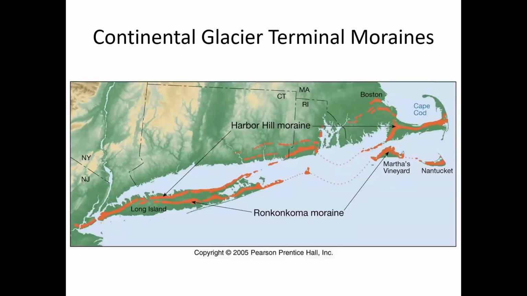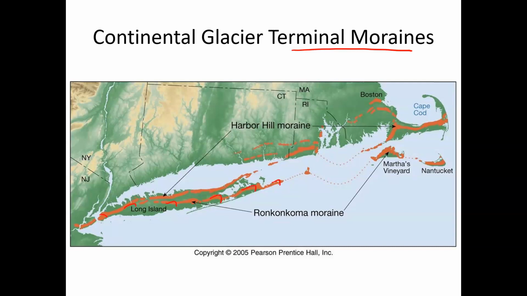Mountain glaciers leave recessional moraines. Continental glaciers also leave recessional moraines. And the very furthest ones, the terminal moraines, actually make up major features on our east coast. So some of Long Island is bedrock, but a lot of it is built up and was one of these terminal moraines.